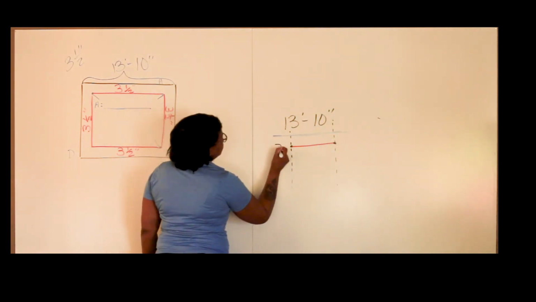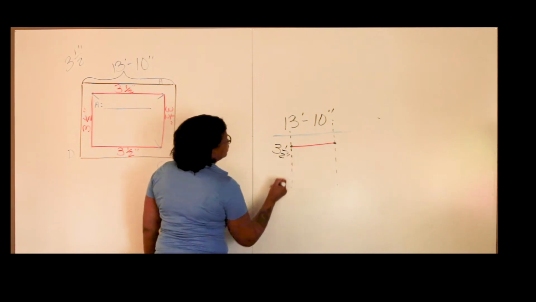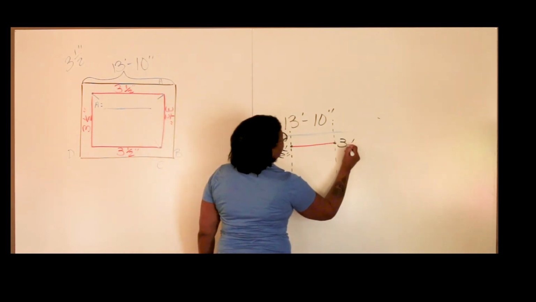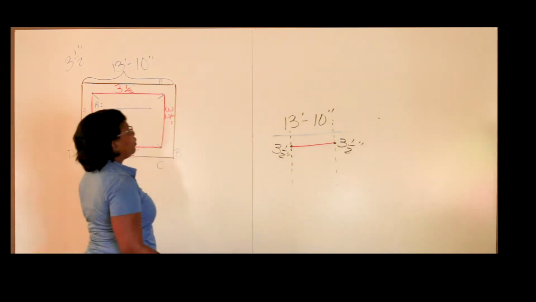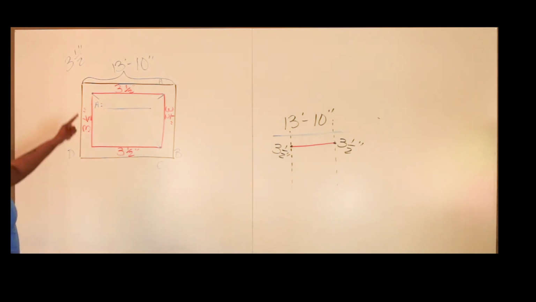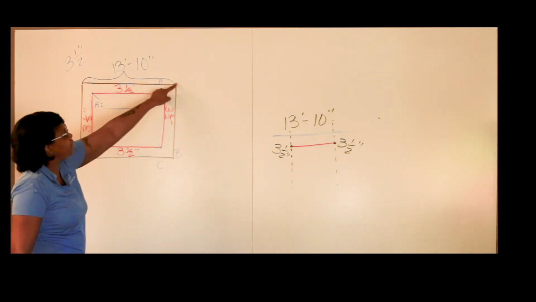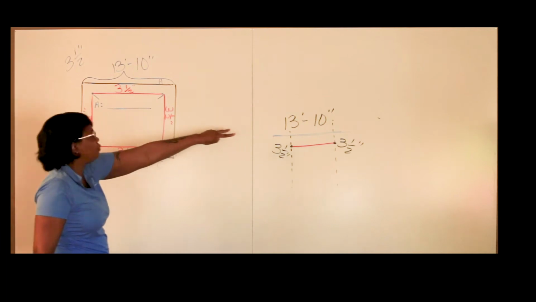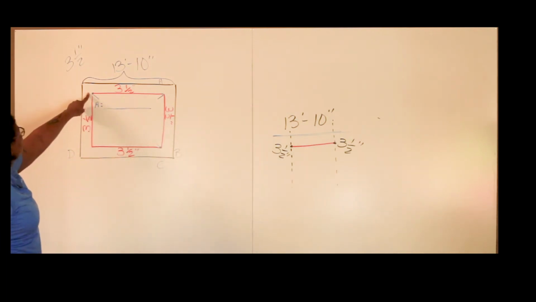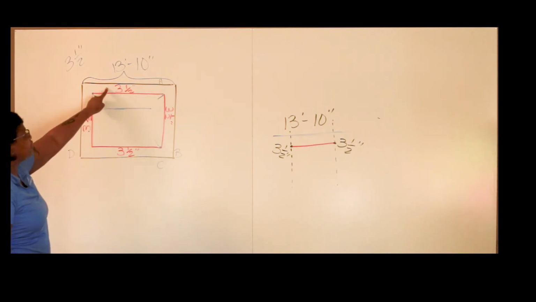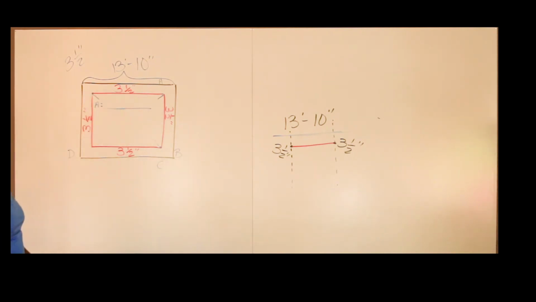This is my thickness, again, which is 3.5 inches. It's also 3.5 inches here. All right, hopefully everybody will see that. Okay, we got 13 feet 10 inches for the exterior. Here I'm just dealing with lines so you can see it better. We have an interior that's shorter, and we need to find that information. We got a 3.5 inch thickness all the way around.